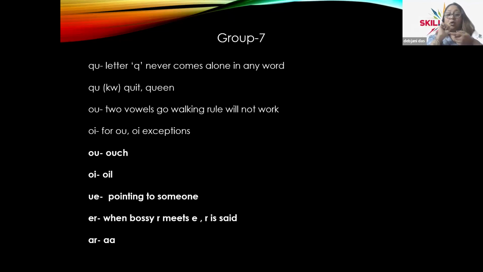So ou and oi don't follow the rule of two vowels go walking together. They too are the rule breakers. You have to make the children understand this; in a class you find some naughty kids who never follow the rule. Aren't they?